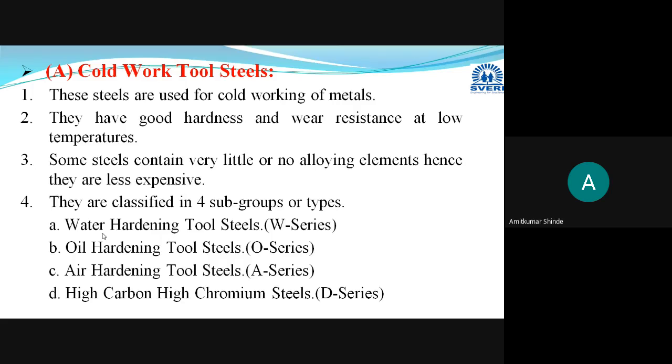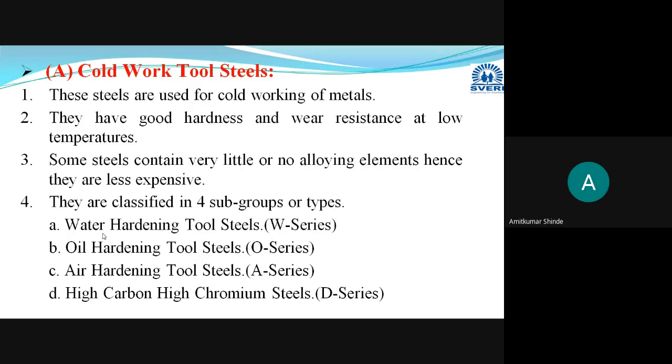Some alloying elements may be there, but some cold work tool steels are just plain carbon steels with no alloying element. That's why their cost is very less. All the cold work tool steels are less expensive.